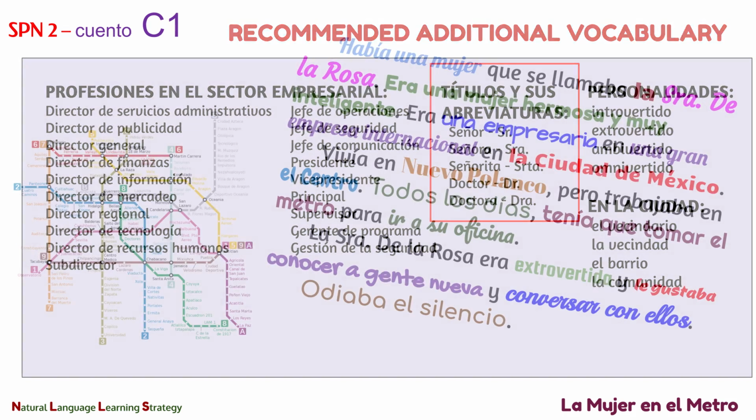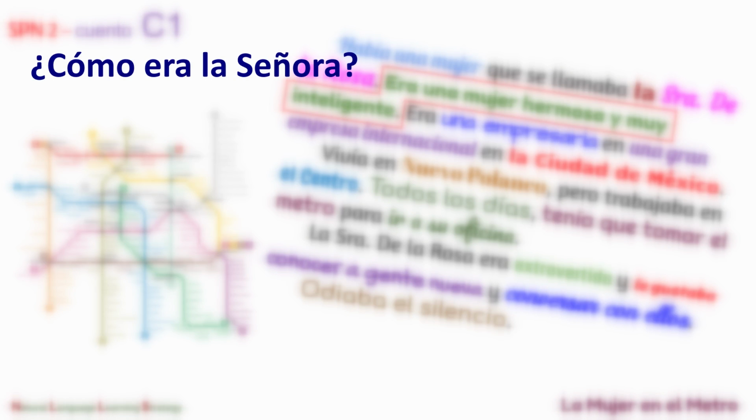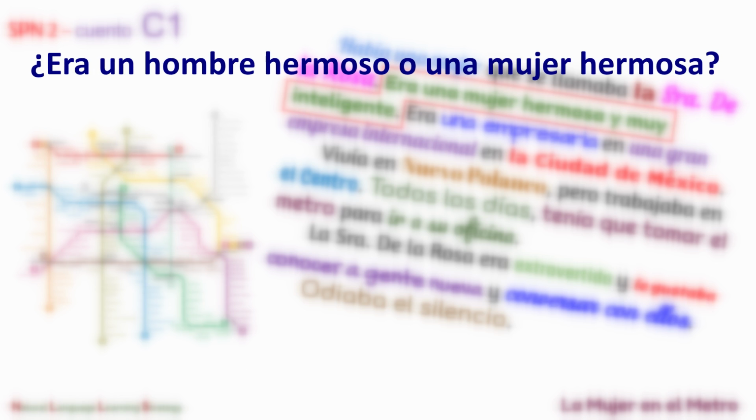Back to the story, and we have Era una mujer hermosa y muy inteligente. She was a beautiful and very intelligent woman. Some questions we could ask about this sentence are, ¿Cómo era la señora? What was the lady like? Era hermosa y muy inteligente. ¿Era un hombre hermoso o una mujer hermosa?